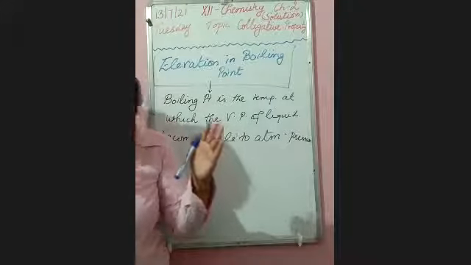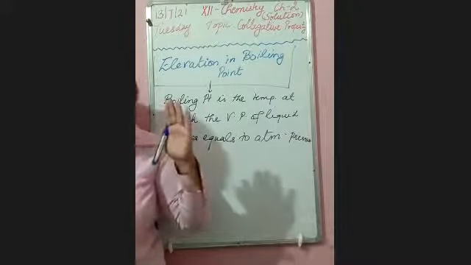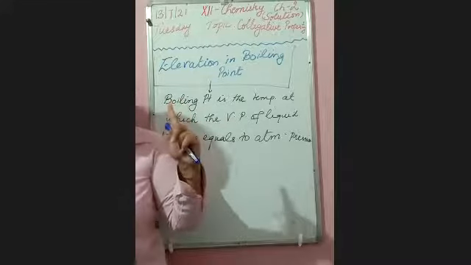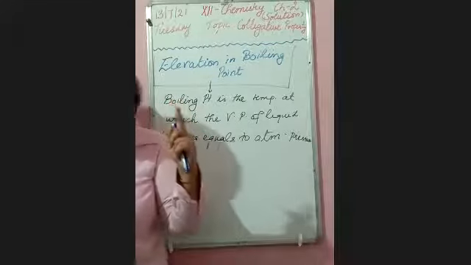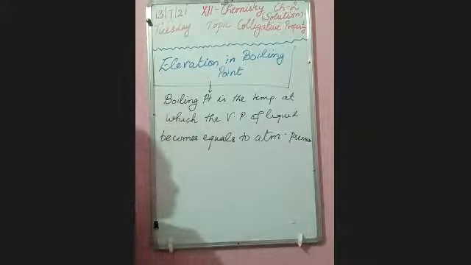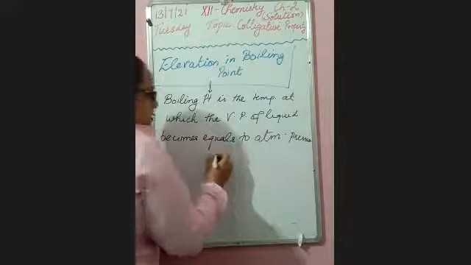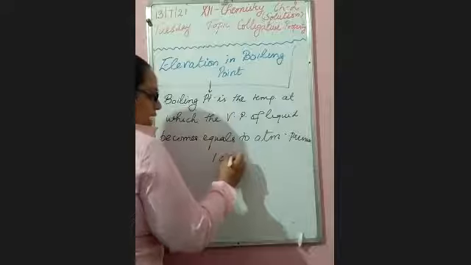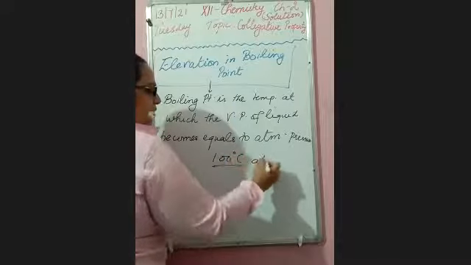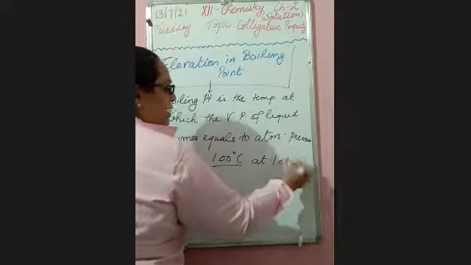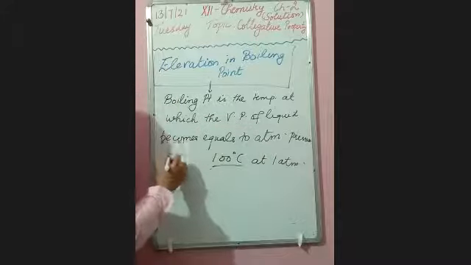For example, the boiling point of water is 100 degrees Celsius at 1 atmosphere or 1.013 bar. You know this? Okay, it is 100 degrees Celsius at 1 atmosphere. This is the boiling point of water.